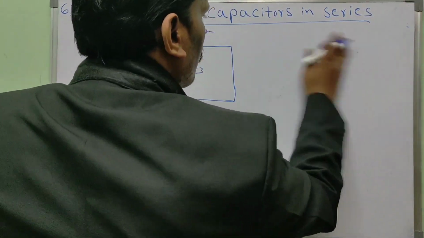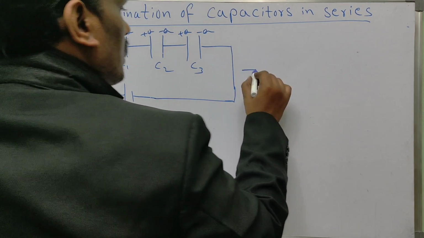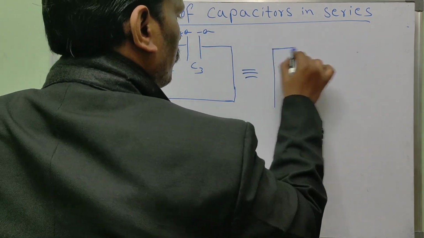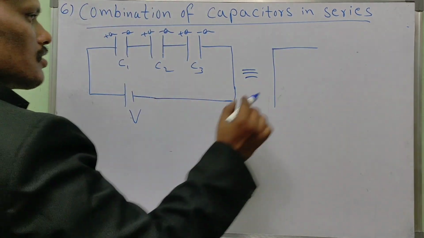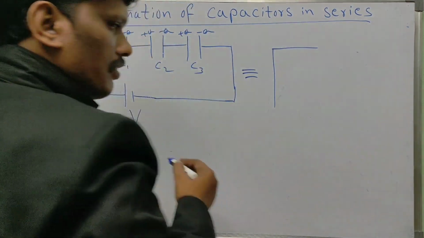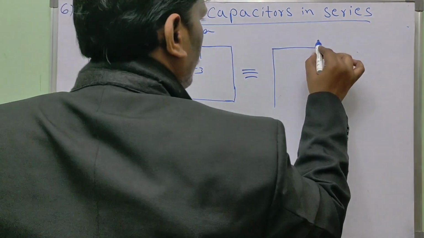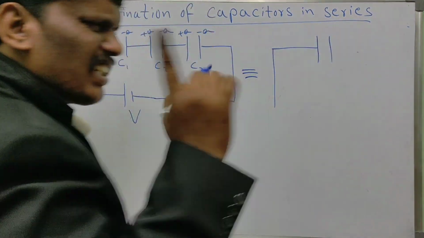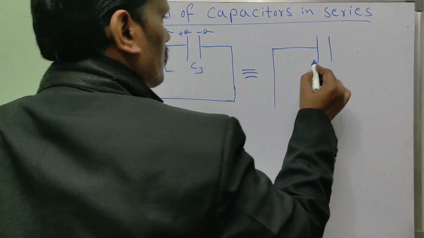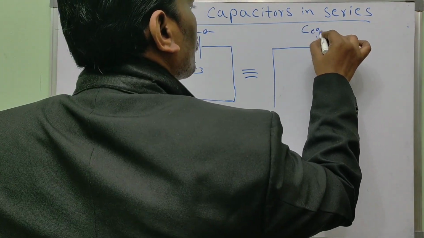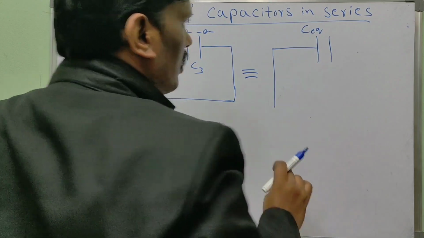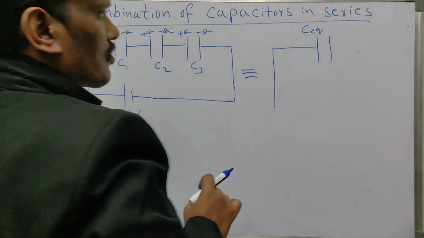So if I am going to consider the equivalent figure, by removing all the three capacitors which are connected in series, replace them with a single capacitor. It is called C equivalent in series combination.